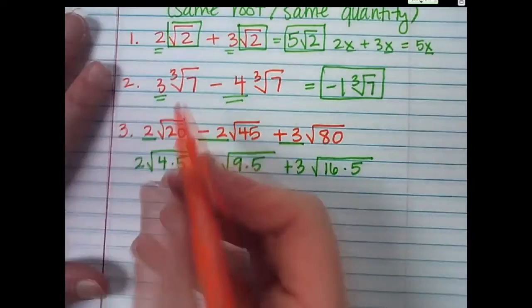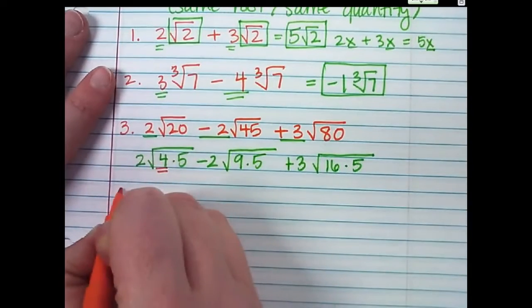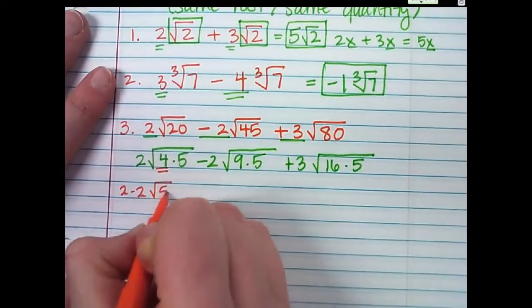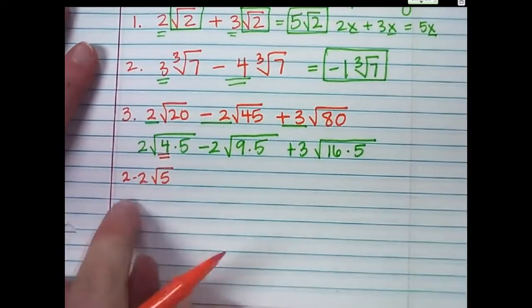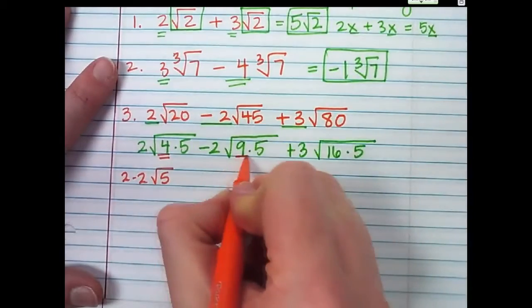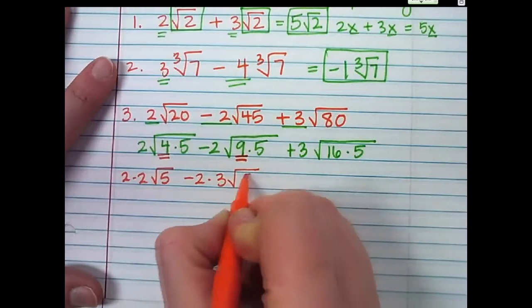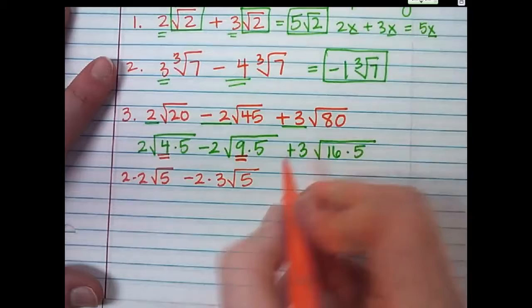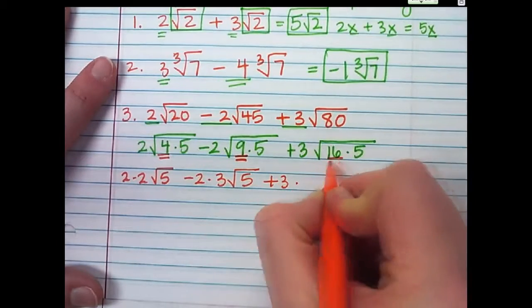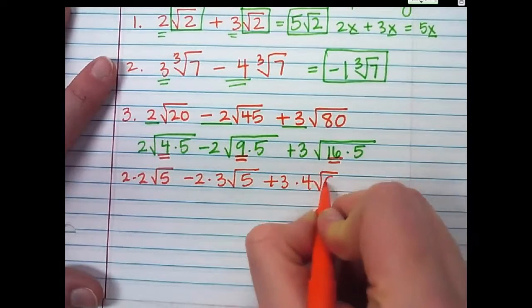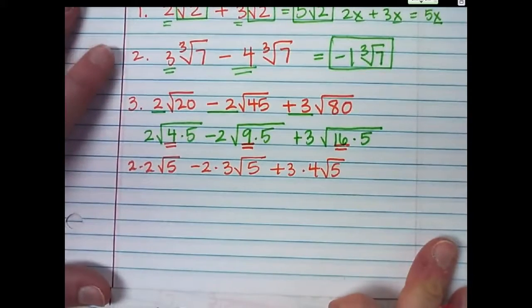Okay, so I'm going to take the square root of 4, which is 2, and pull that out front. I'm going to write out the multiplying so you can see it. The square root of 9, which is 3. And the square root of 16, which is 4.